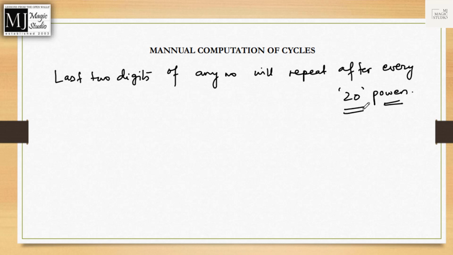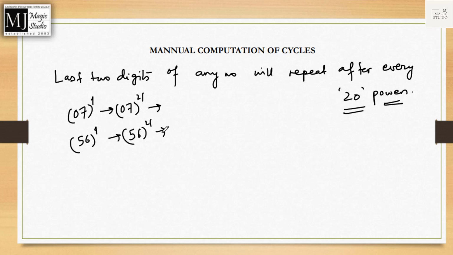This is true for all two-digit numbers from 01 to 99. The 21st power has the same last two digits again. That means 07 to the power 1 is the same as 07 to the power 21, and so on. 56 to the power 1, that is 56, is the same as 56 to the power 21.